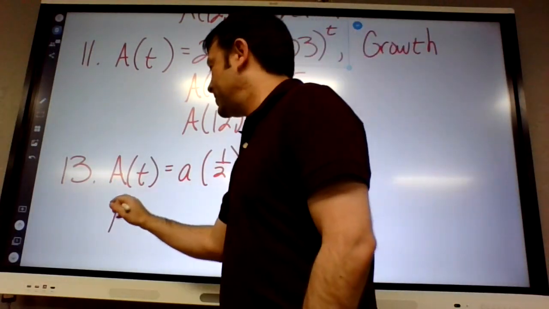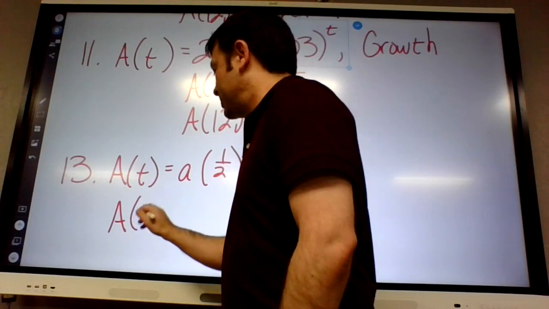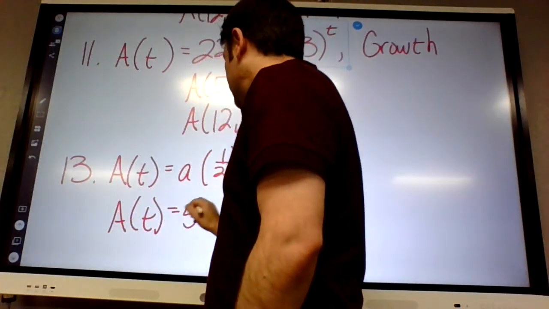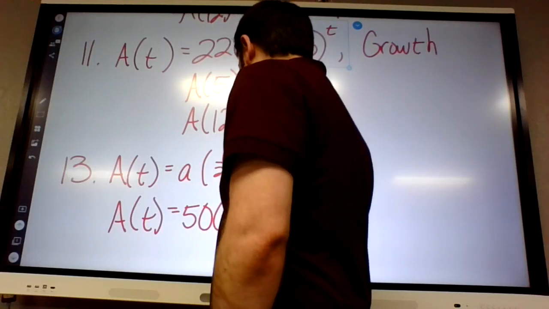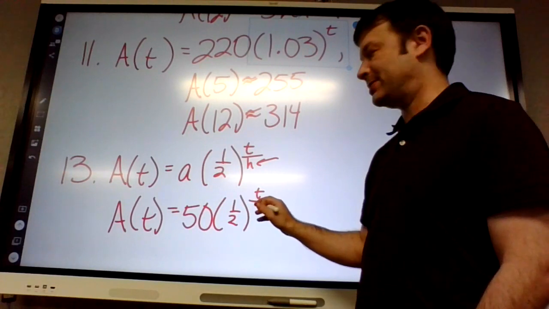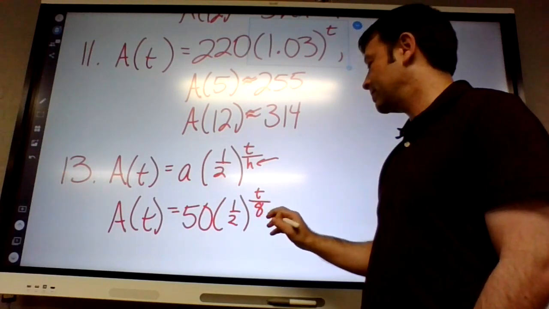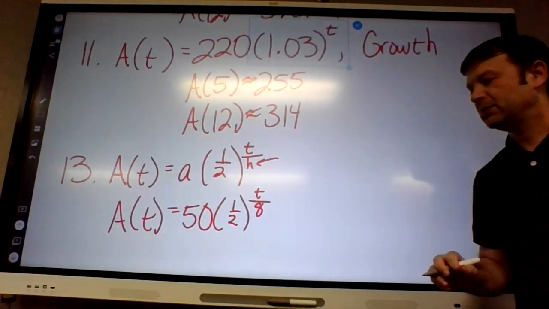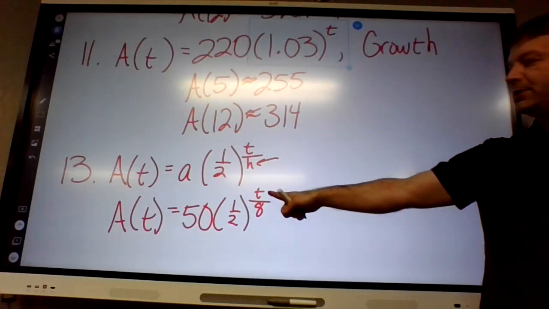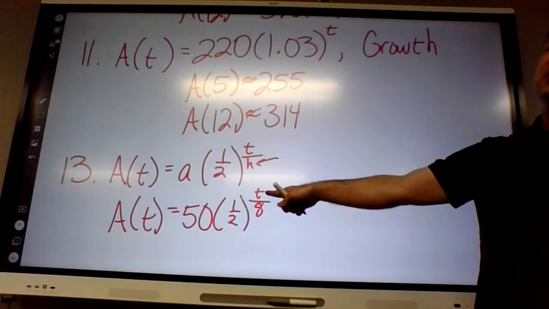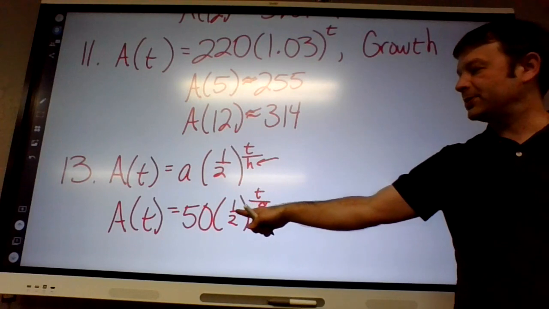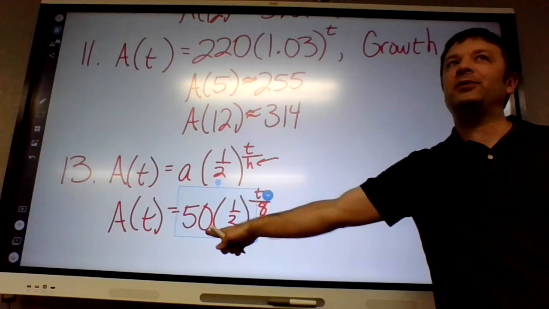So on number 13, this is the general formula. I just copied that from above. The initial amount is 50. The half-life is 8 minutes, so you put a little 8 right here. The reason this works is when t equals 8, after 8 minutes, this would be a 1, so this would be a 1/2, so it'll be half of what it was.